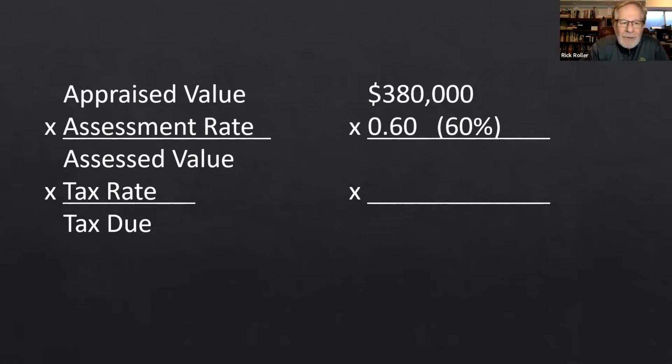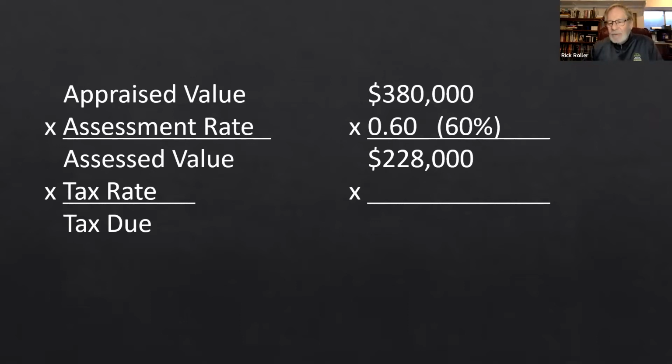Now, if we take that figure of 380 and multiply it by 60%, or 0.60, we come up with the assessed value. We're just following the formula over here on the left-hand side.